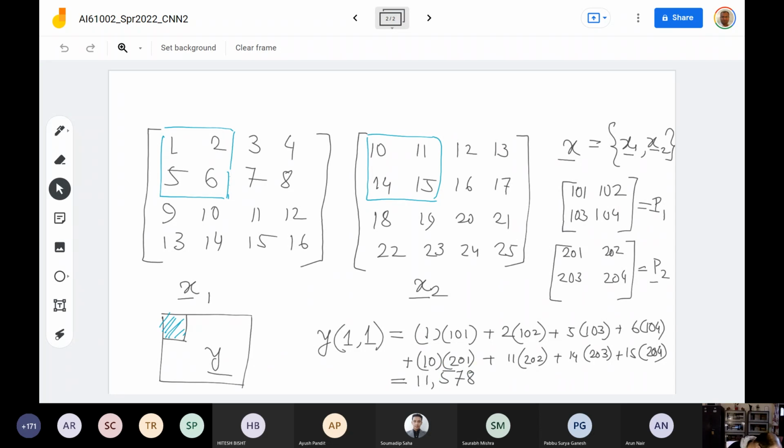Now, similarly, for the next location, I will have it like this. So accordingly, this goes to my next location. This next location is going to be y of, so I have a row column index, so it's my first row and second column.